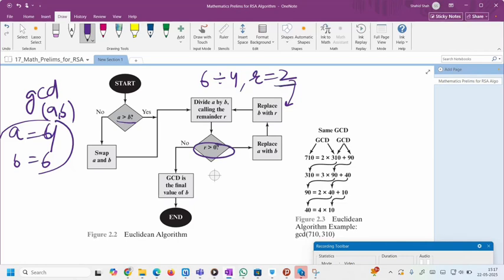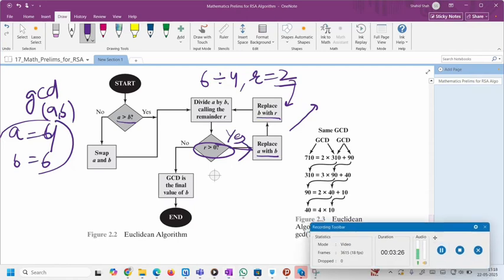So we go to this part: replace A with B and B with R. In the previous case, A is now 4, and replacing B with R, B is now 2.